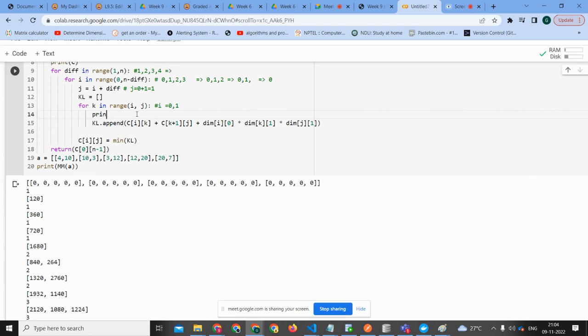Usually what I do is I would print all these things whatever we have here, if I want to debug some code. So in this case we'll know what is what.